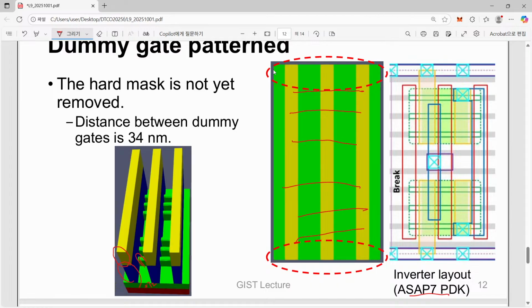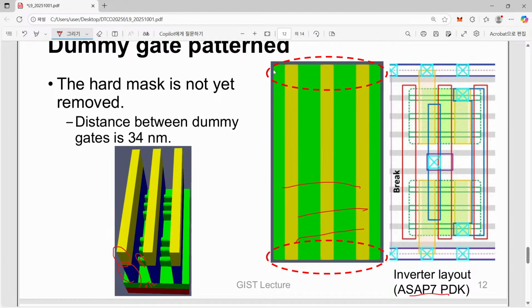We understand this one, and now we have made this dummy gate. When you make a comparison, especially for your dummy gate, you can find some differences between the layout and our realization. What is the difference? I gave you the hints.